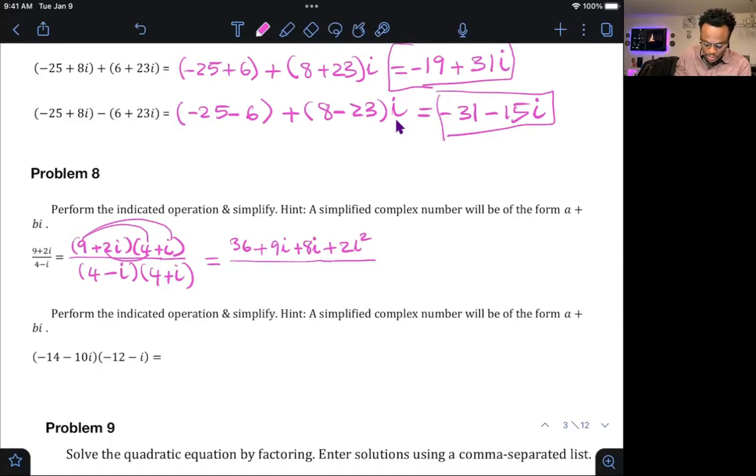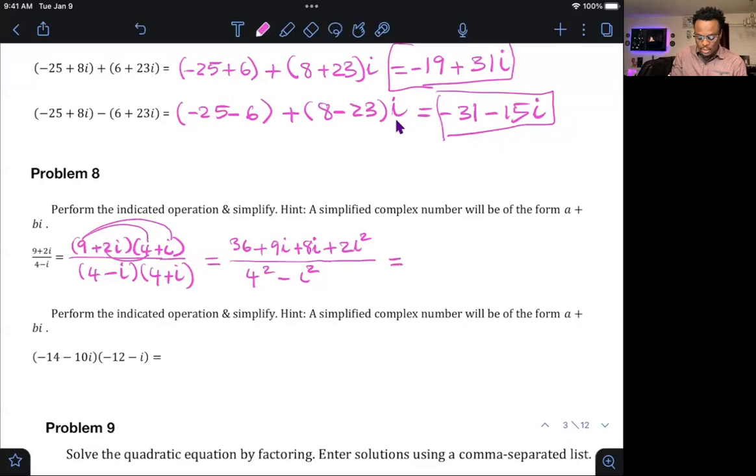Over, that's the product of the sum and the difference, which is the difference of squares. So that's 4 squared minus i squared.